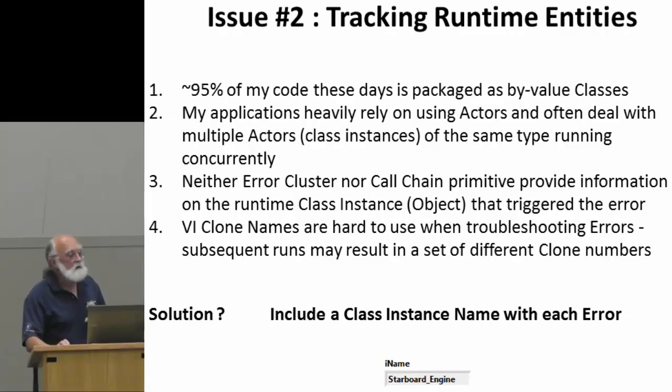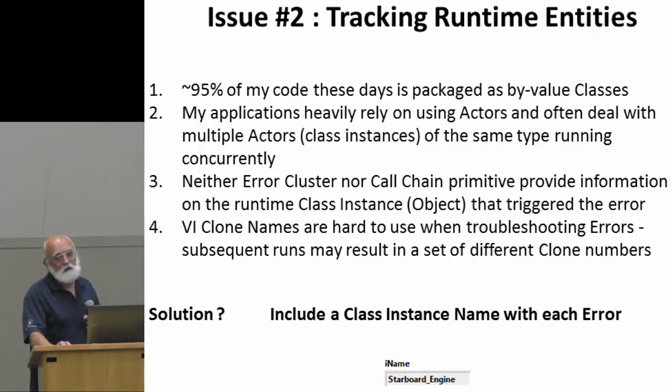Second issue. Most of my code these days is by-value classes, and I use actors all the time. Many applications create multiple copies of actors of the same class. So when LabVIEW returns an error, there is no indication which copy returned that error, right?